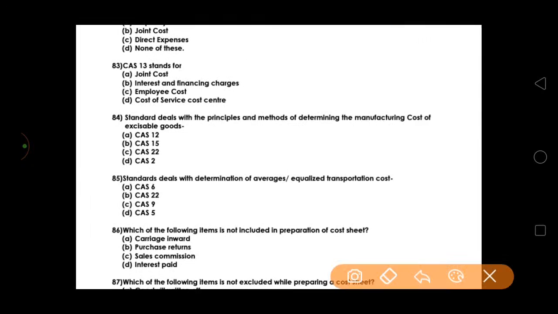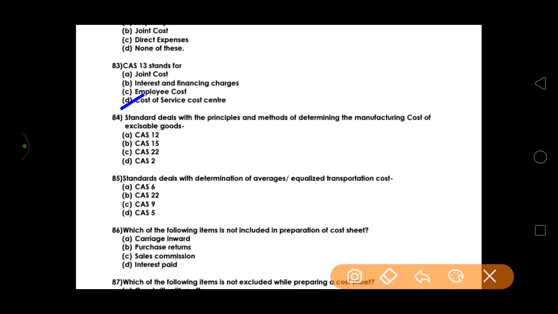The standard deals with the principles and methods for determining the manufacturing cost of goods. So cost accounting standard 22 is the manufacturing cost.